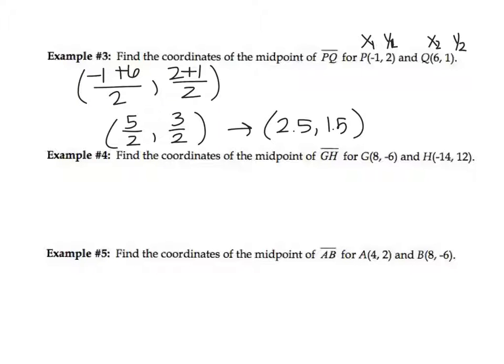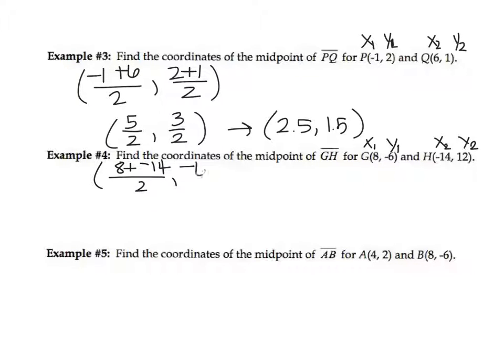So look at example 4, we want to find the coordinates of the midpoint of segment GH for G at 8, -6 and H at -14, 12. So I'm labeling my points x1, y1 and x2, y2. The midpoint, if I add my x's, we do 8 plus -14 over 2.